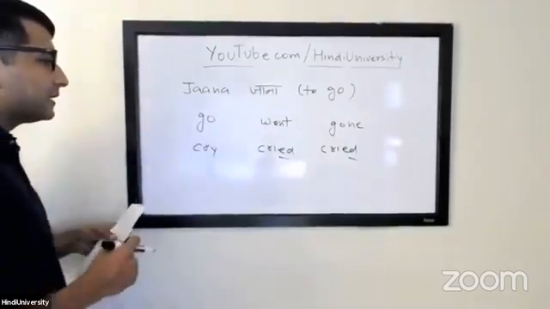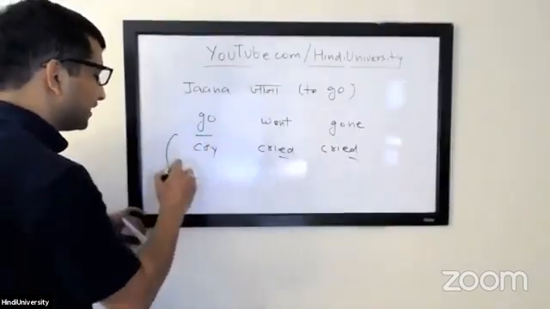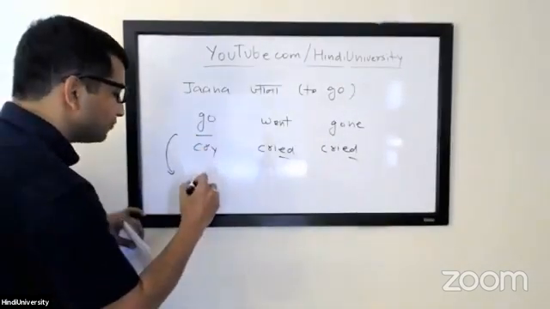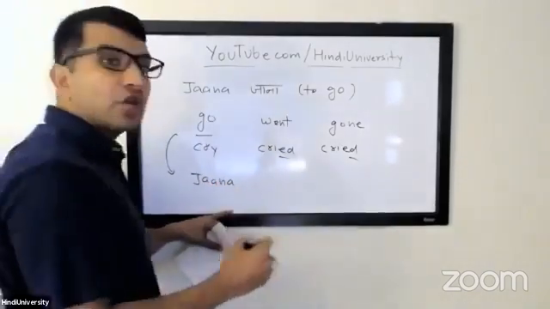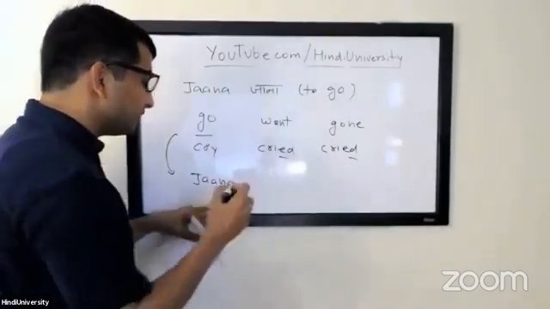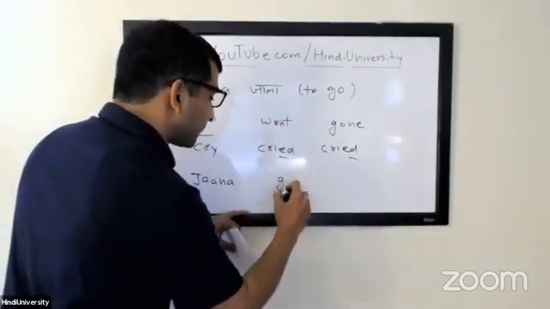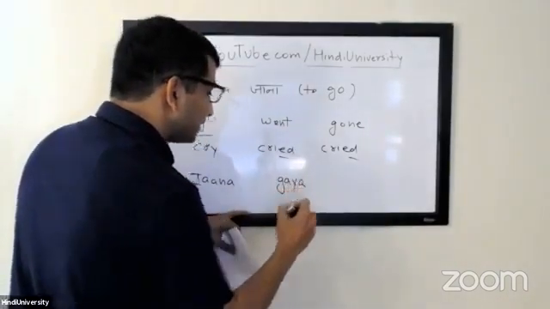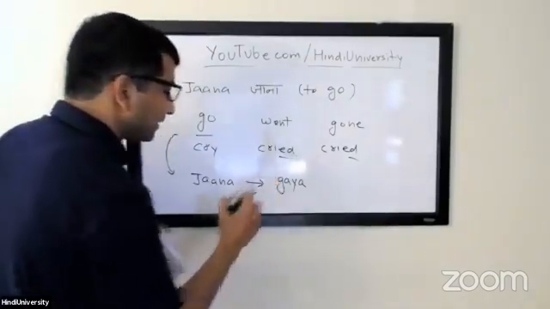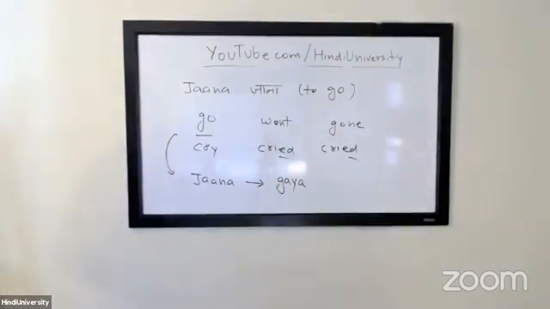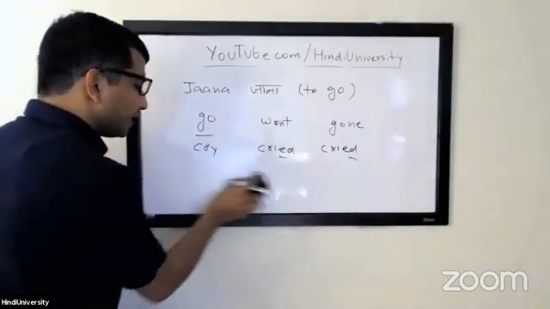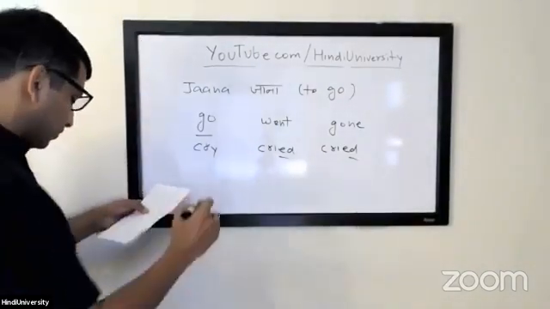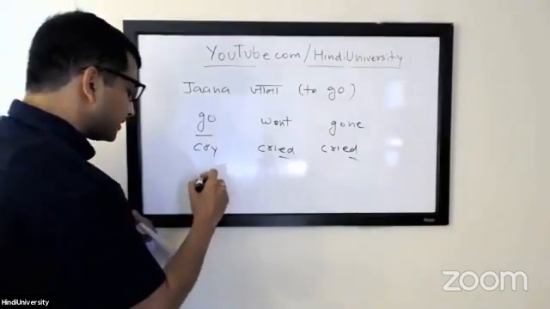So in Hindi, coincidentally, it's the same thing, right? You have Jana. There's no way you'll say Jaya or Jai, right? And it becomes Gaya. Jana and Gaya in the past, basically, right? So that's how it transformed, and that's how you will be using it. So for masculine singular, you will say Gaya.